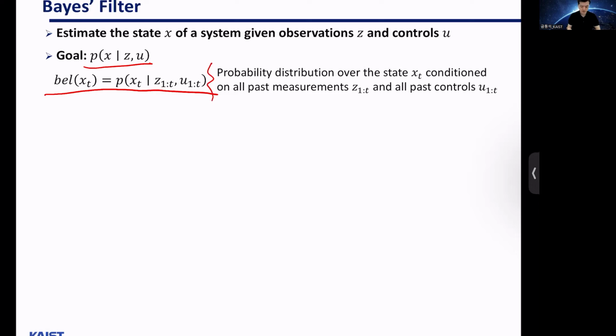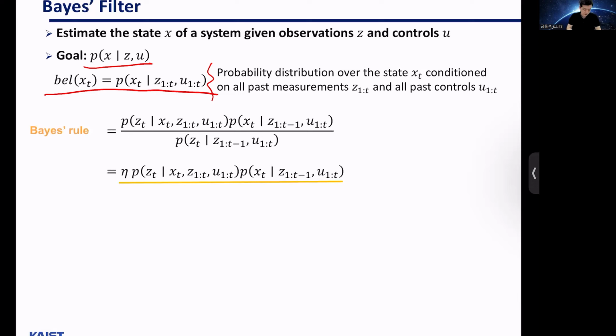Belief XT is the probability distribution over the state XT conditioned on all past measurements Z1 through T and all past controls U1 through T. Okay.